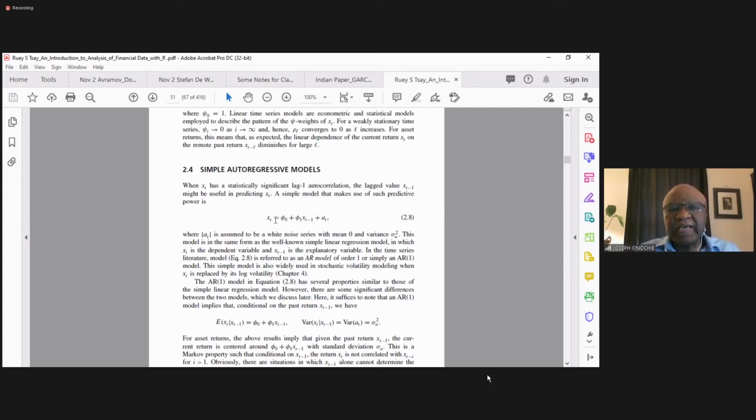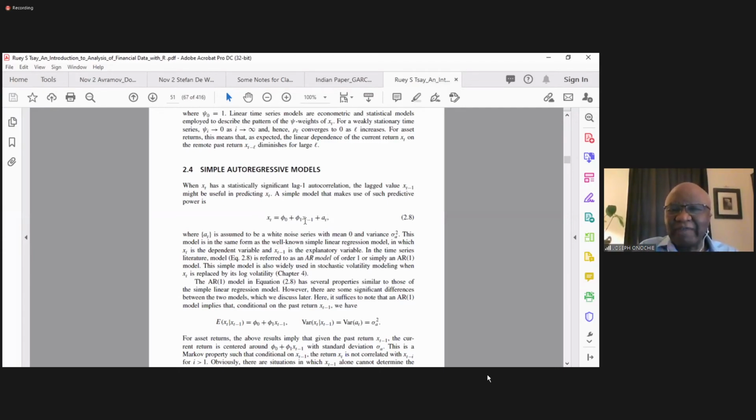Because today's return is determined by yesterday's return only, plus white noise and a constant, we call this an autoregressive model of order 1, because we're only interested in lag 1. We are saying tomorrow's return will be determined by today's return. Today's return is determined by yesterday's return, only one time period in the past.